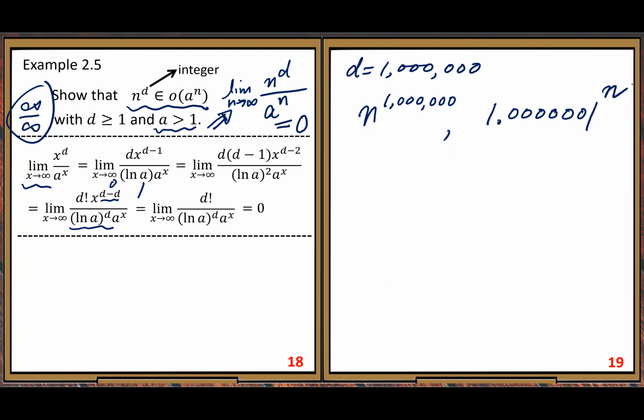Although raised to the nth power, if you ignore the tiny difference, 0, 0, so many 0s, 1, it becomes 1. 1 to the n is also 1. So think about that.